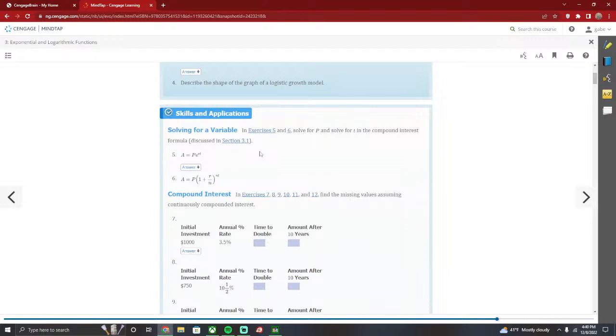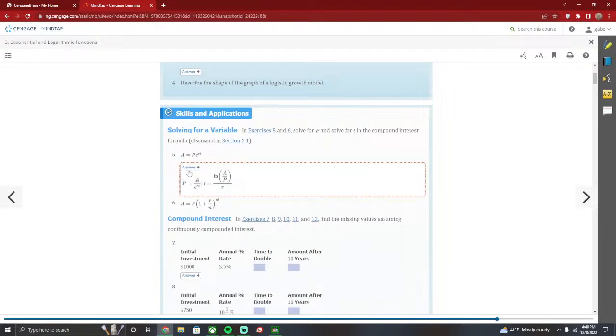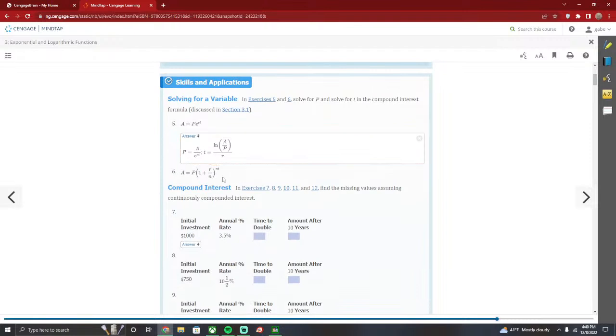So that's just going to be P equals A divided by E to the RT. Easy enough. Let's see if I'm right. P equals A over E to the RT. T equals ln A over P over R. That's what I did, I just said it in a different way.